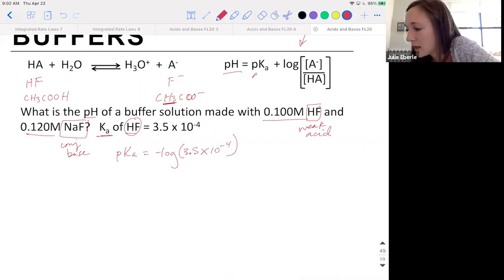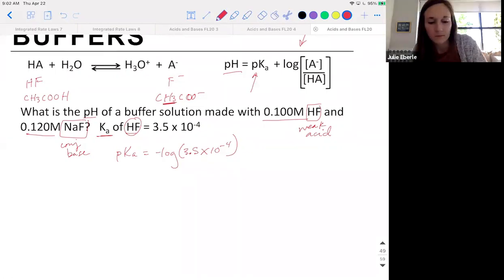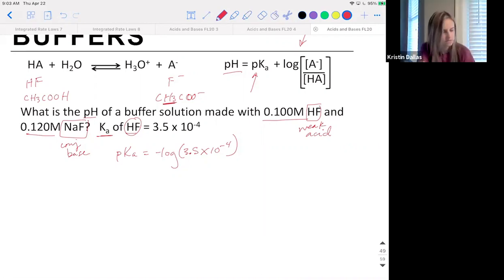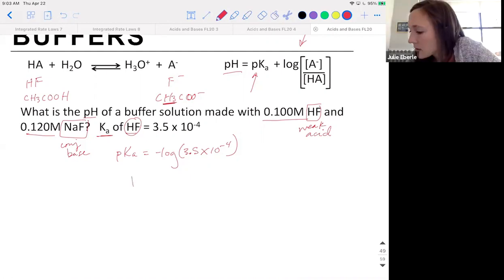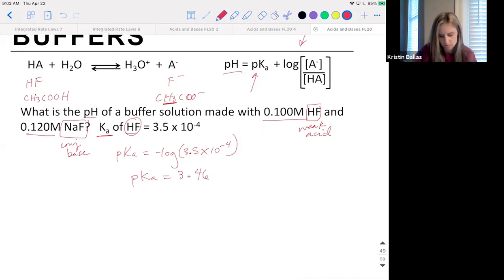I've got to plug in pKa to my equation to solve for pH, so that's why I'm trying to get the pKa. So what is that? 3.46. Awesome. So pKa equals 3.46.